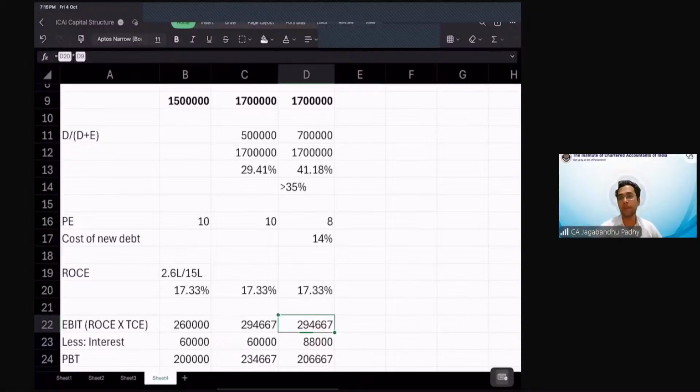Okay, sir. Yes, Rachna. Sir, even I had the same doubt. You're saying 15 lakh into 17.33%.